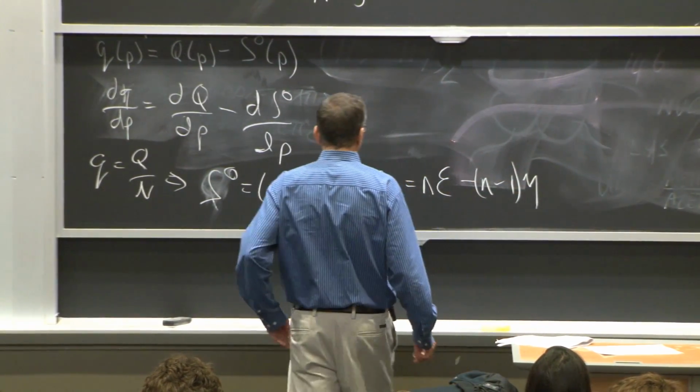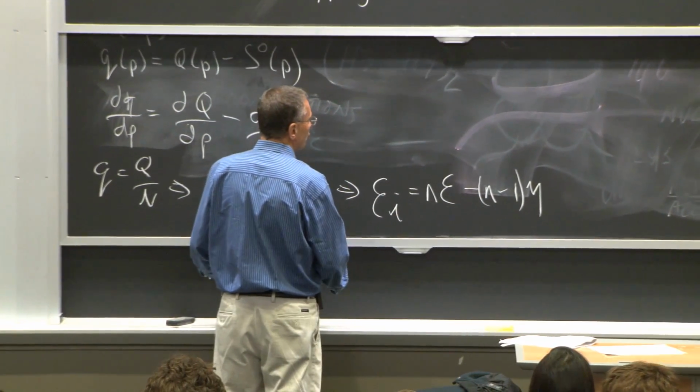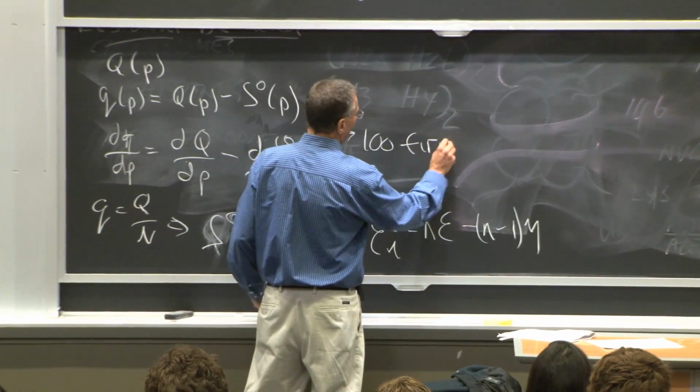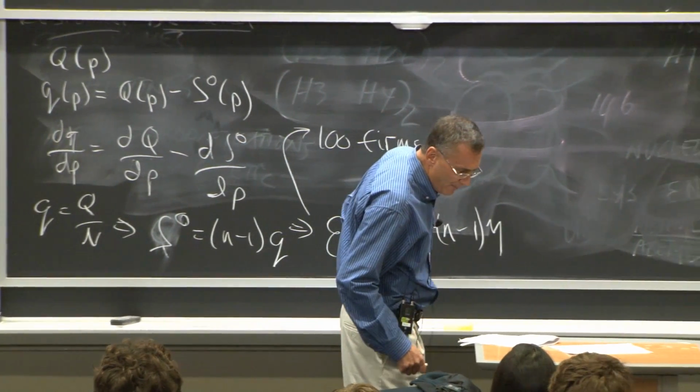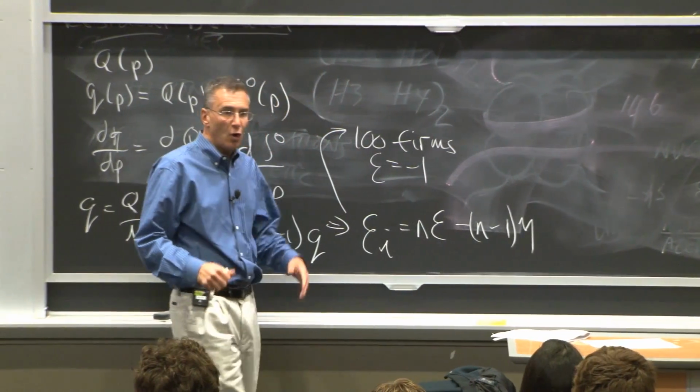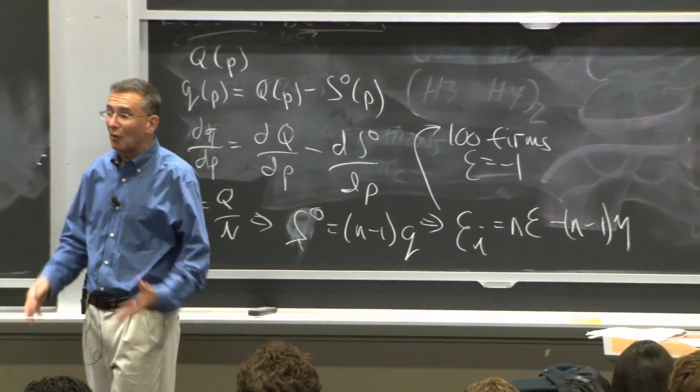A simple example: say you have 100 firms in a market, and an elasticity of demand for that market, eta, of minus 1, so it's elastic but not outrageously elastic.